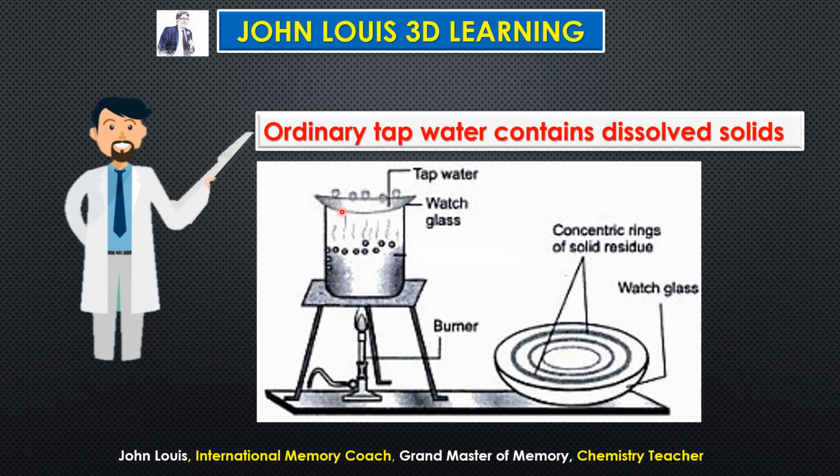Suppose you want to find out whether tap water contains solids or not. You take a small portion of the tap water in a clean watch glass and keep it over a beaker which contains some water that is boiled. When the water in the beaker boils, that indirectly heats up the water present in the watch glass.